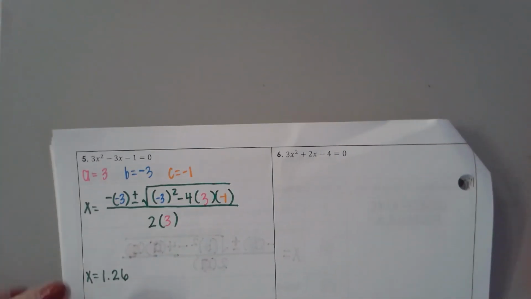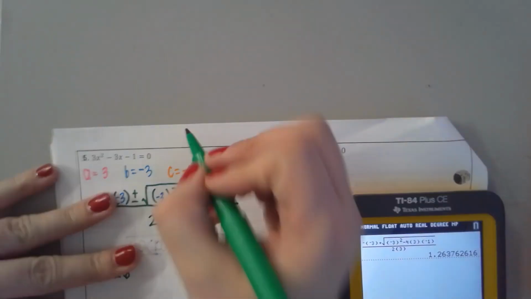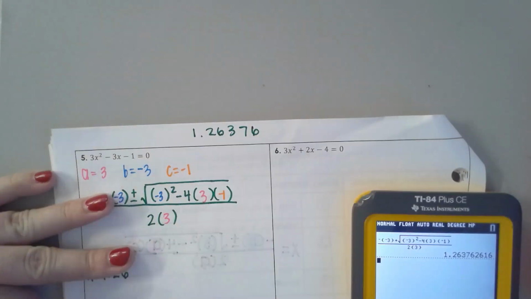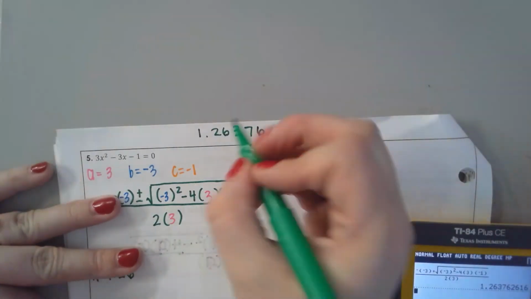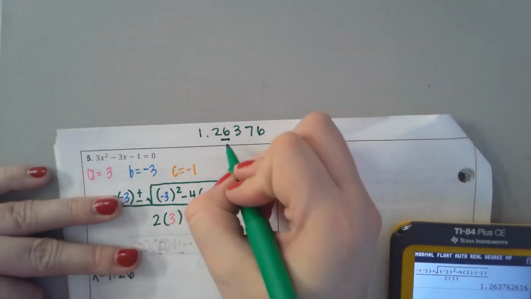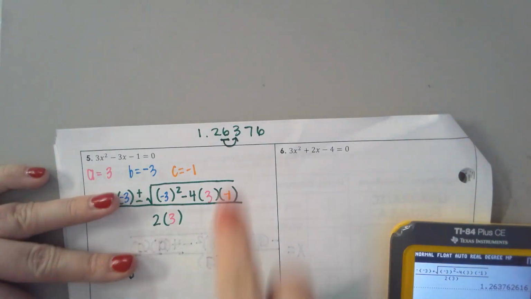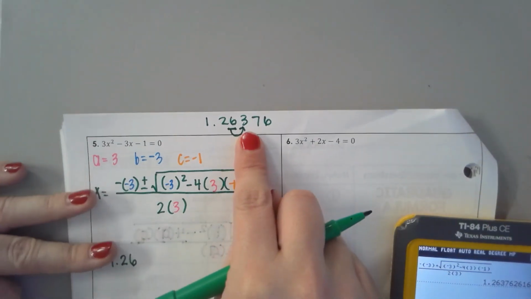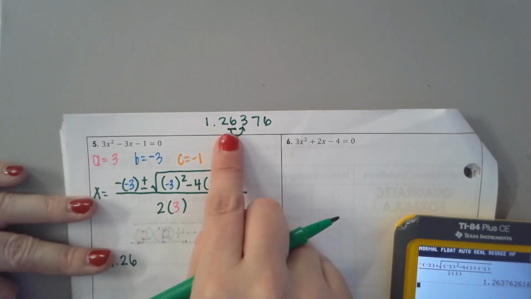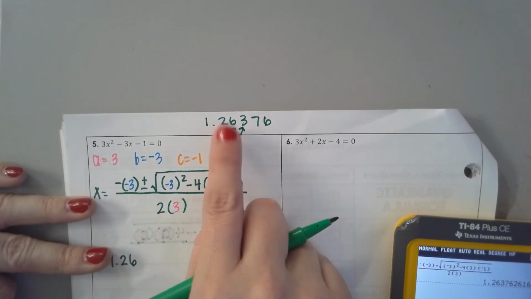This is 1.26376. If we're going to do the second decimal place, you always look 1 to the right. If that number is 5 or more, I would make this 6 a 7. Otherwise, I leave it. So am I going to leave it as a 6? Yes, I'm going to leave it as a 6.